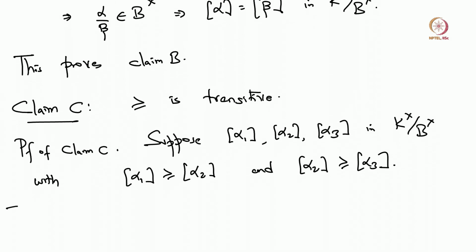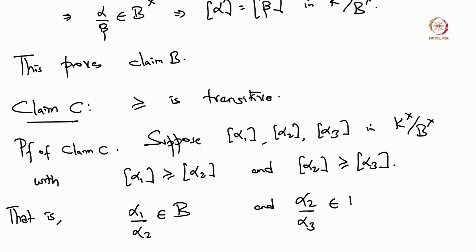And again, unwinding this definition of greater than or equal to, it means that if you choose lifts alpha 1 and alpha 2, the ratio belongs to B, and if you choose lifts alpha 2 and alpha 3, the ratio alpha 2 over alpha 3 belongs to B.